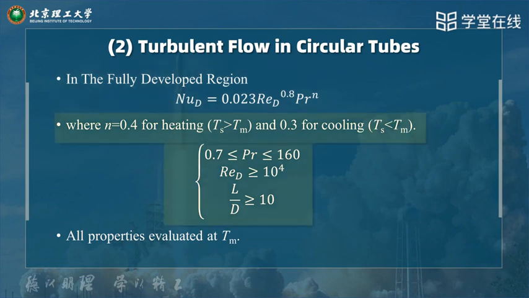When n equals 0.4, for heating, where the tube heats the working fluid, Ts is larger than Tm. However, if it's a cooling process, Ts is smaller than Tm, and in this case n equals 0.3.